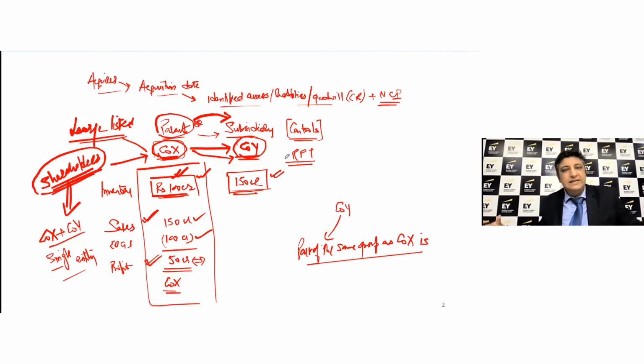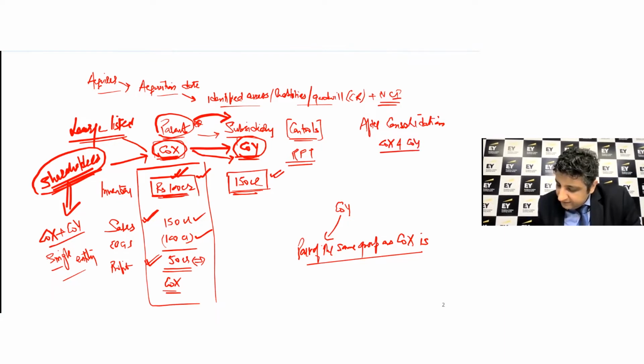But when these companies are brought together, when these companies are consolidated, both company X and company Y would need to present their financial statement as if these are a single entity. Okay. And when they do so, what happens?